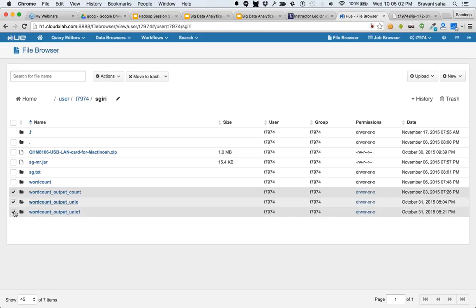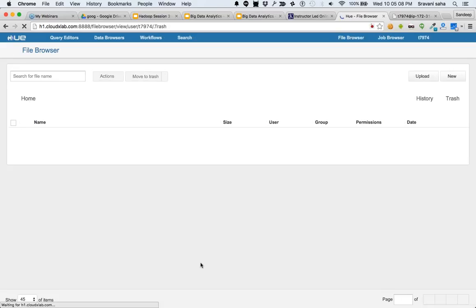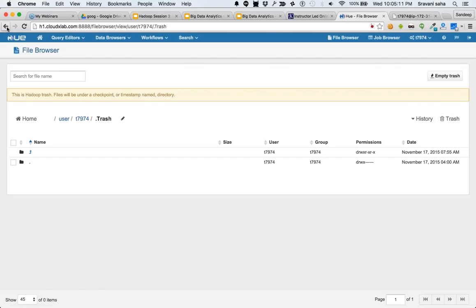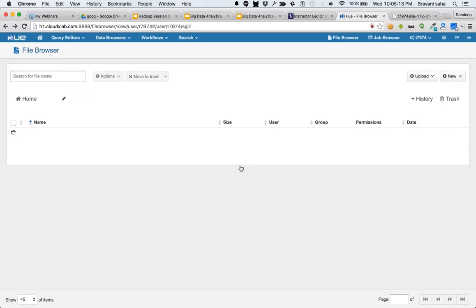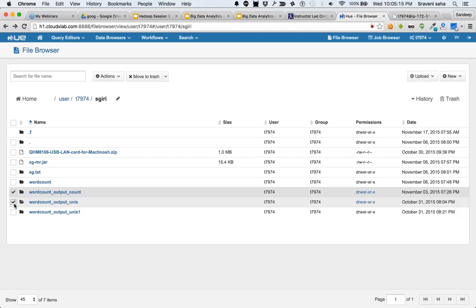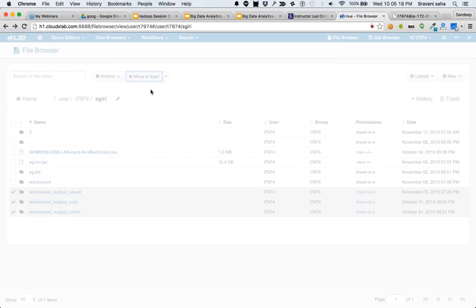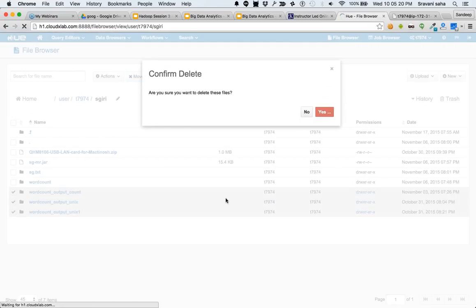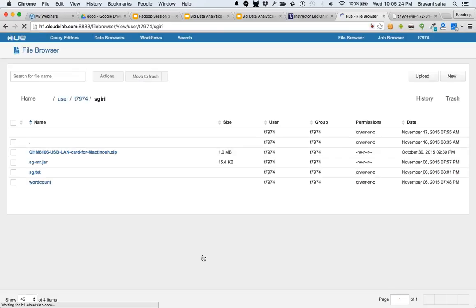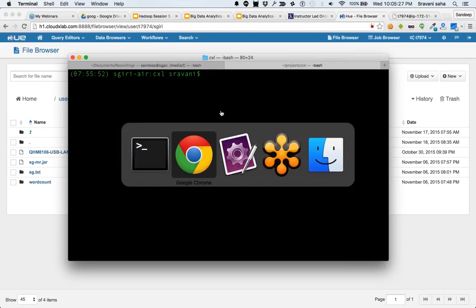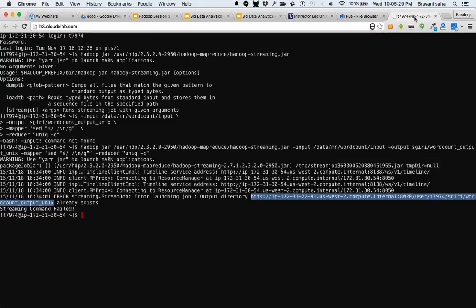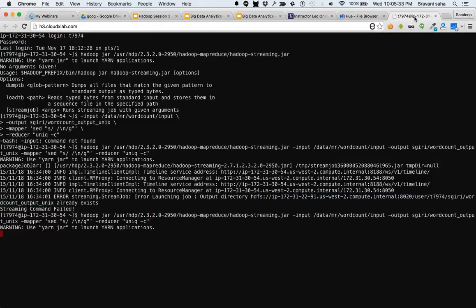Let's just delete all these three. All right, because our Hadoop command is trying to create an output folder, and before it starts the job, it checks whether the output folder already exists or not.